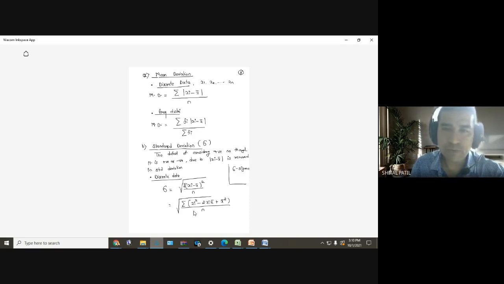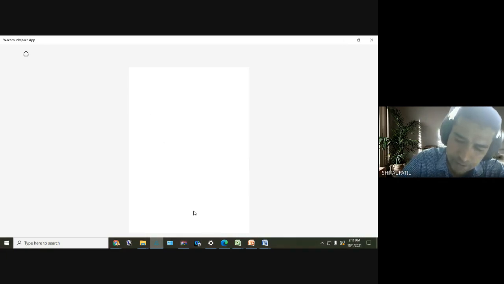So a few mathematical things that you have to understand. Okay, let me change the page. See now how I am simplifying it.